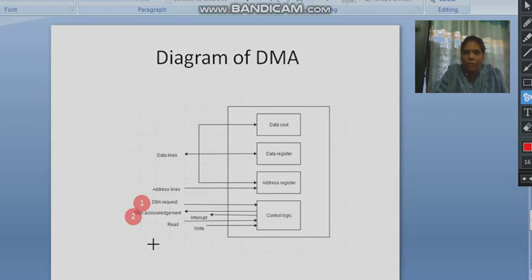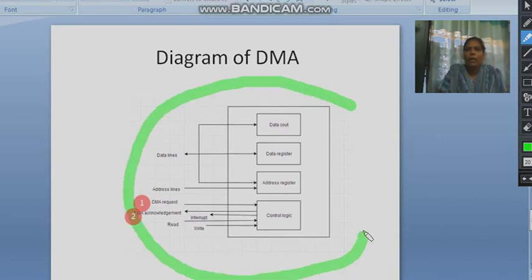DMA request means the DMA puts a request in front of the CPU for relinquishing all the buses or resources to it, and if the CPU agrees, it acknowledges back to the DMA, so that it can use the buses. The DMA takes all the control of the buses and performs the IO activity. So this is basically the block diagram for DMA.